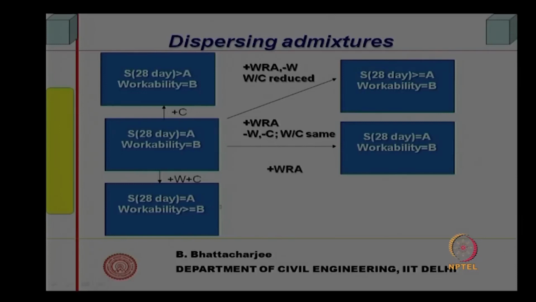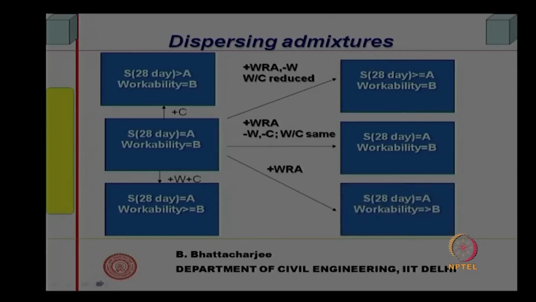And the last case, if I want to get higher workability but the same strength, I simply add water reducing agent, and this will ensure that. So, you can see that by using water reducing agent, we can save on cement. For the same strength, if I add water reducing agent, I will reduce the water and correspondingly cement also, therefore, there is a saving in cement, and this might be a cheaper route.